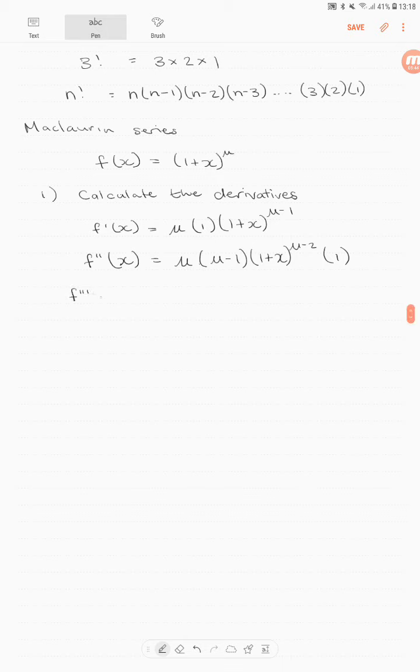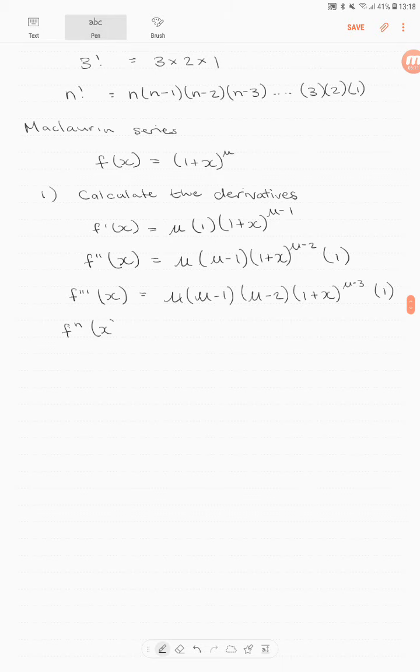Our third order derivative is mu times mu minus 1 times mu minus 2 times 1 plus x to the power of mu minus 3 times 1. Remember the chain rule.